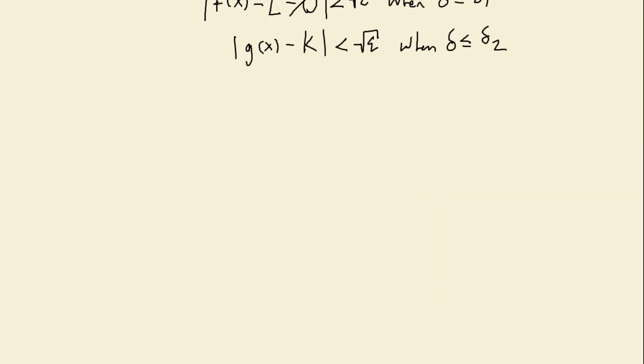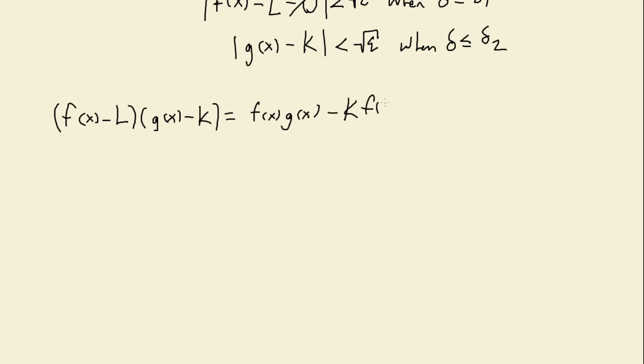Now what I'm going to do is just a little bit of algebraic manipulation. If I take f of x minus L and multiply it by g of x minus k, I'll get f of x times g of x minus k f of x minus L g of x plus L k.